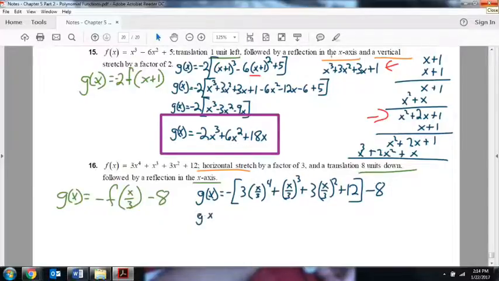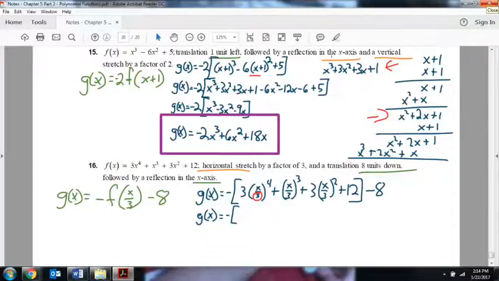g of x. And we're going to do a lot at the same time here. Negative 3 to the 4th, I think is 81. 3 to the 4th is 81. Okay. And then we're dividing. So this right here turns into an 81. 3 divided by 81, I think, is 1/27th. 3 over 81 is 1/27th.